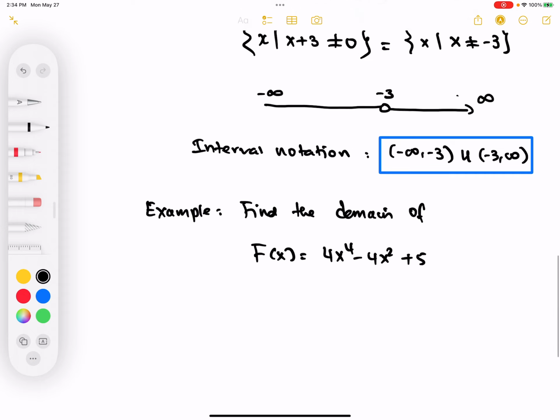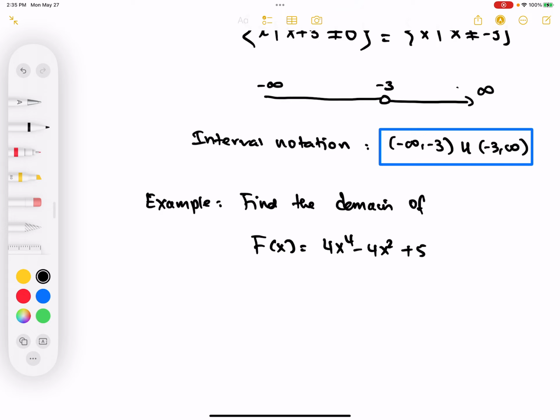We call it a polynomial function of degree 4. Any polynomial function is defined for all real numbers. For any values of x, the function is defined. So the domain is from negative infinity to positive infinity.